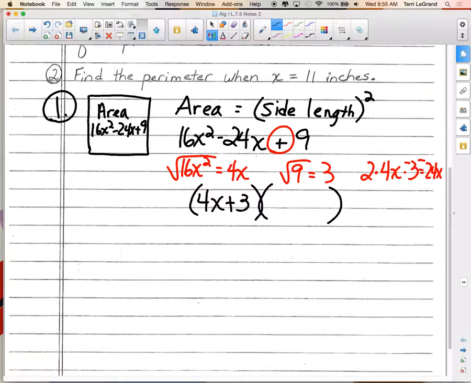4x plus 3? 4x minus 3? Is that its factored name? Really? Huh. I could swear yesterday we said that when you have the difference of 2 squares, it will be one addition, the other subtraction.